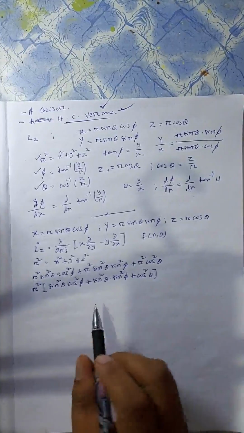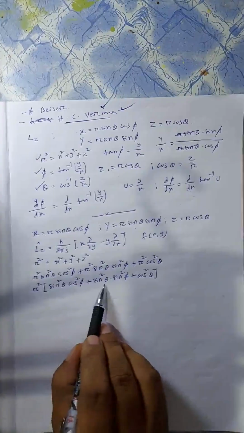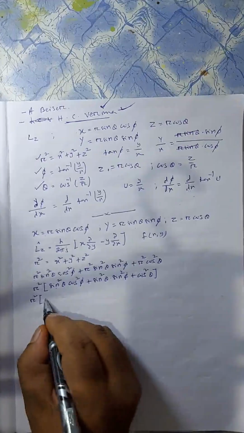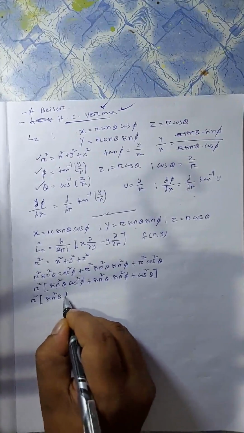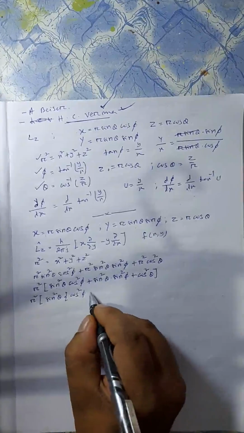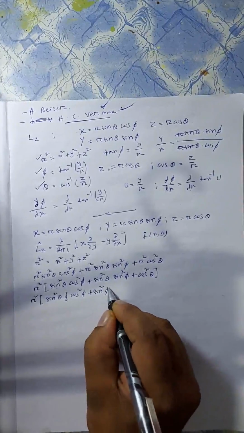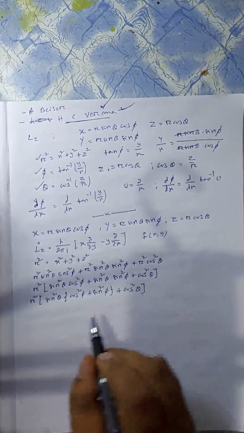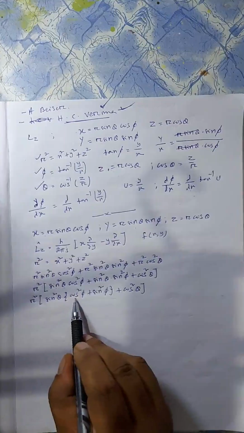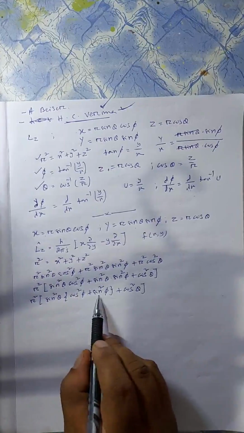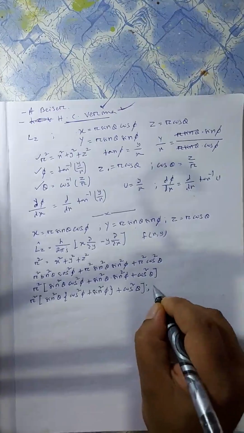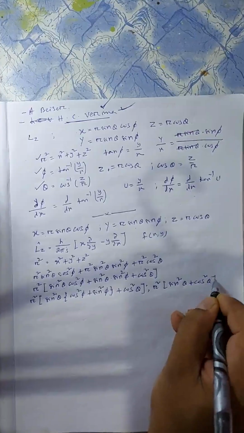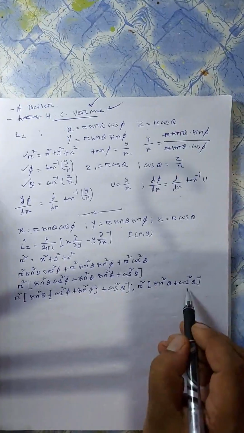Now you see that in the first two terms, if you take sin square theta common, then inside the bracket we have cos square phi plus sin square phi, plus cos square theta. We know that cos square phi plus sin square phi is equal to 1, so we can write r square, sin square theta plus cos square theta, and sin square theta plus cos square theta is equal to 1.